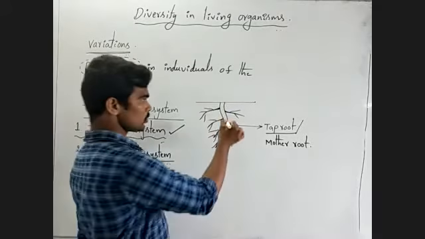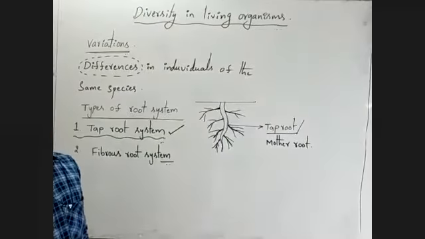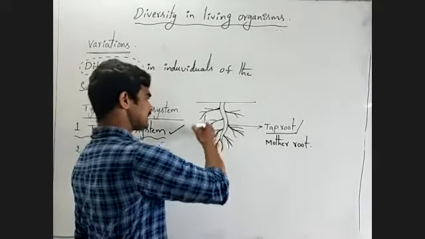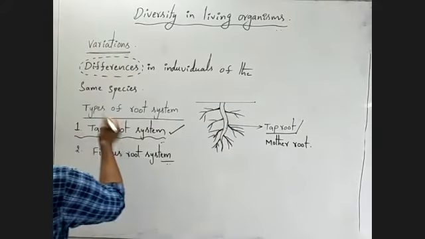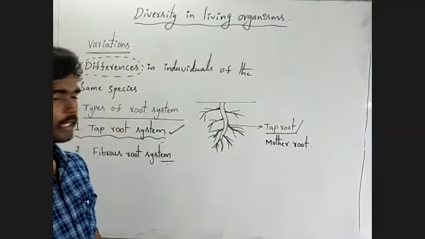Lateral roots are again divided into small branches, rootlet-like structures. This type of entire root system is the taproot system.